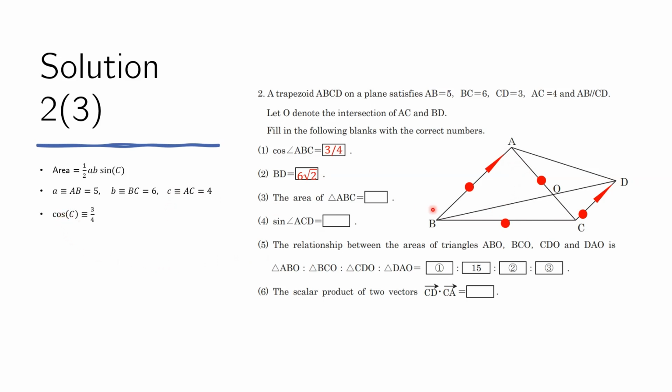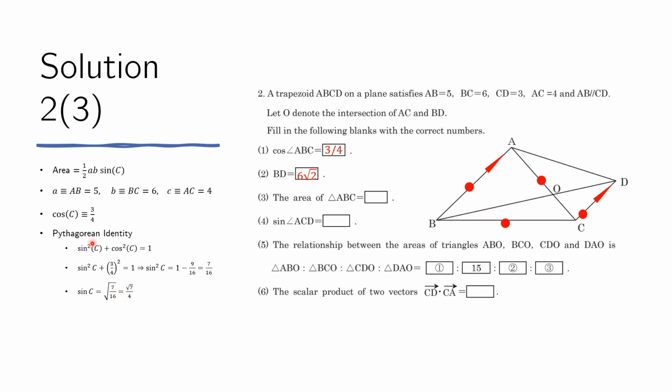Now the cosine of C, meaning the cosine of this angle, is 3/4. And we know the relationship between sine and cosine from the Pythagorean identity: sine squared plus cosine squared equals 1. Therefore, solving for sine squared, sine squared of C equals 1 minus 9/16, which gives us 7/16. Then sine of C is just square root of 7 over 4.